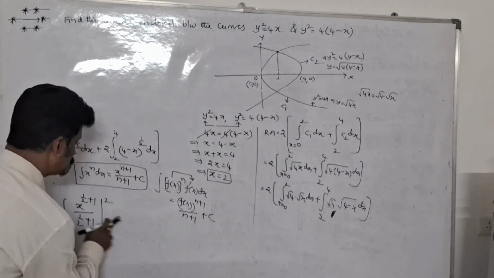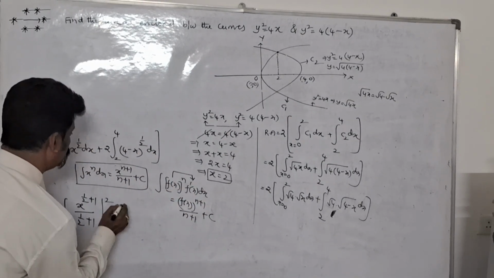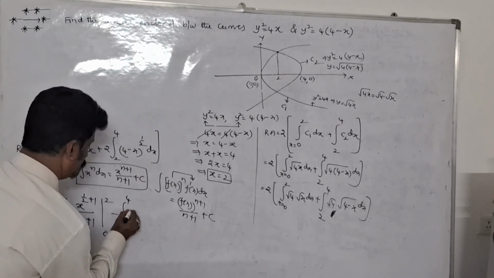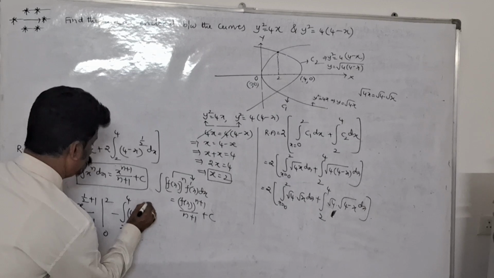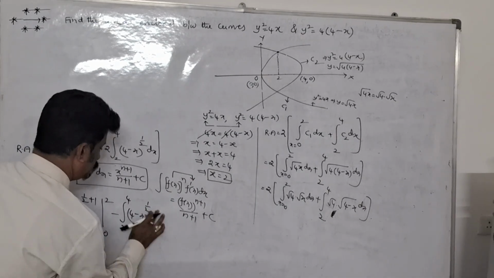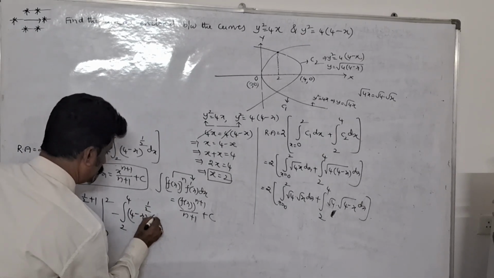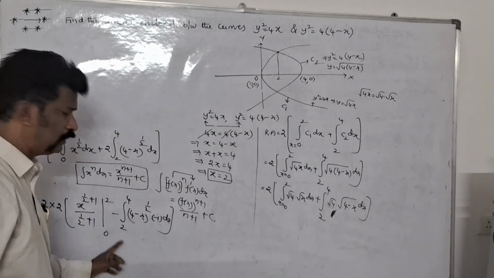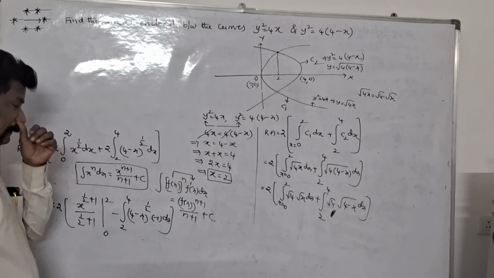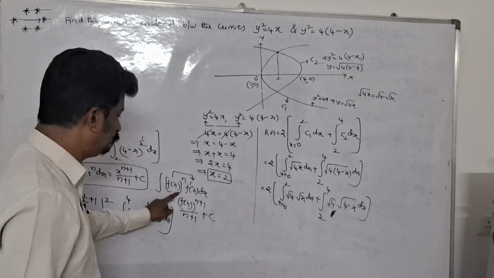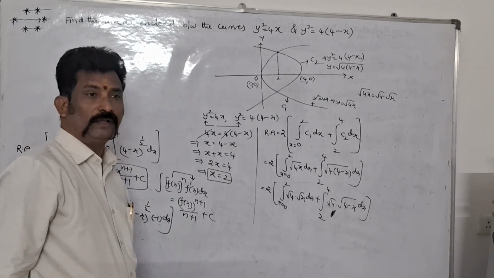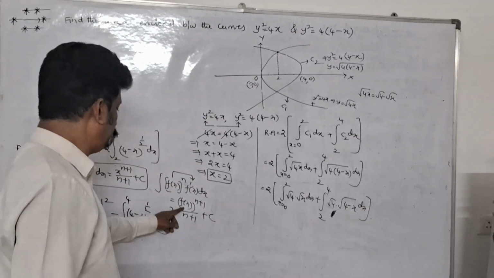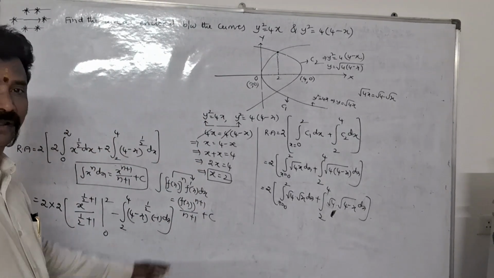That's why this can be rearranged into minus integration 2 to 4, 4 minus x whole to the power of 1 by 2 into minus 1 into dx. Of course there is no change in the value, minus into minus is plus. Why? Because to apply the formula integration f of x whole power n into f dash of x into dx is equal to f of x whole to the power of n plus 1 by n plus 1.